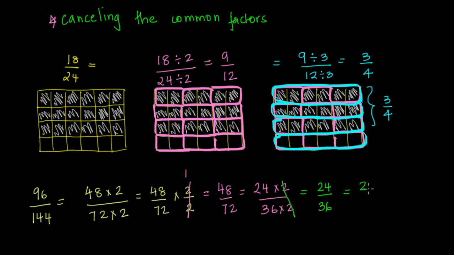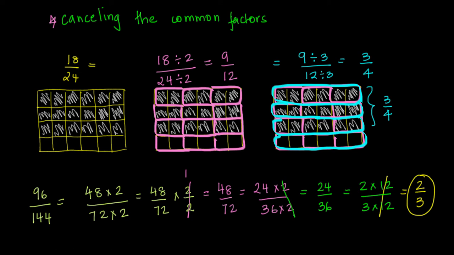So let me rewrite that as 2 times 12 over 3 times 12. And I cancel out the common factor. And so my simplest form is 2/3 because now 2 and 3 have no other factor that's common other than 1. So 2/3 is the simplest form of the fraction 96/144.